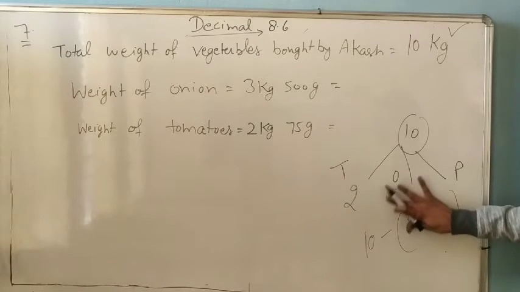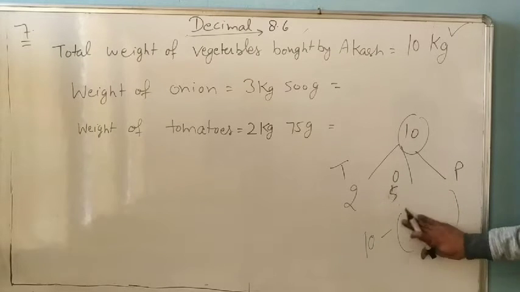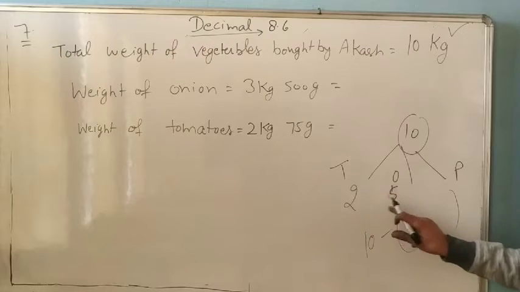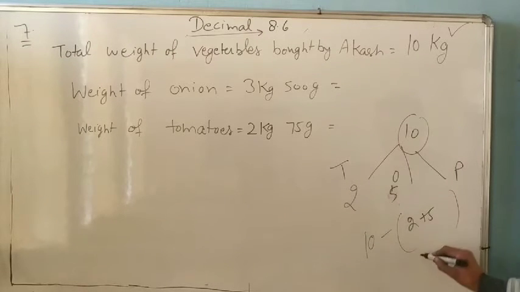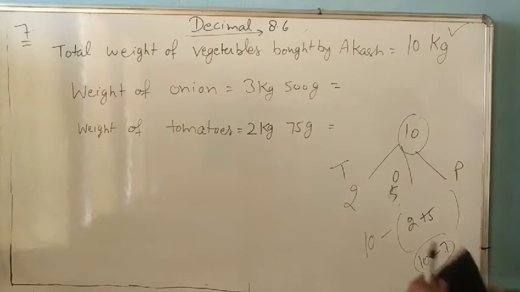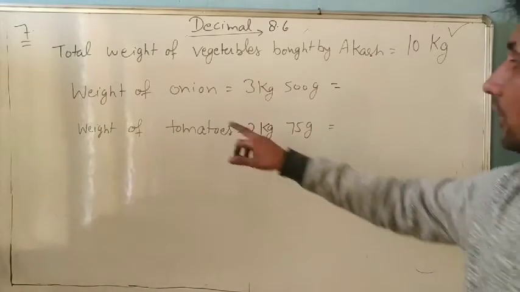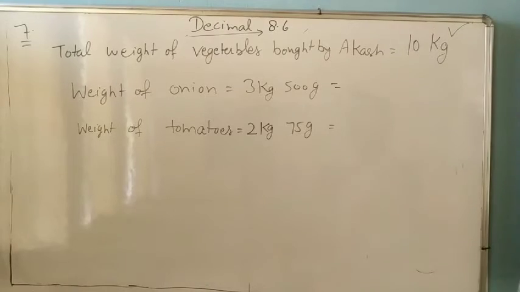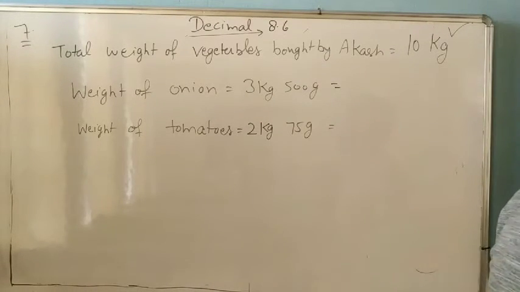So 10 minus 5, how much remains? So 10 minus total weight of onion and tomatoes. First we will write total weight of tomato and onion. It is in kg, it is in gram. So first we will change into either gram or kilogram.